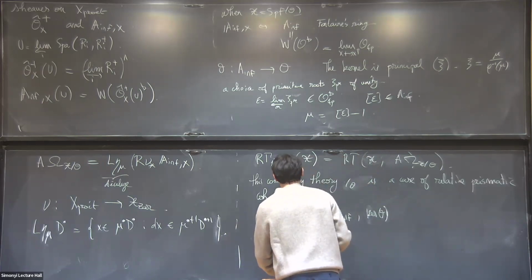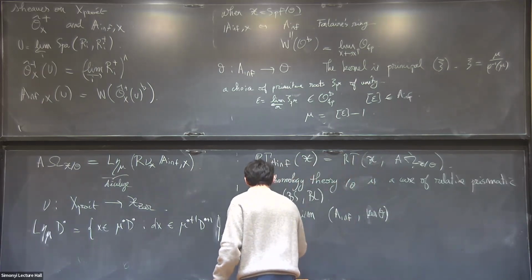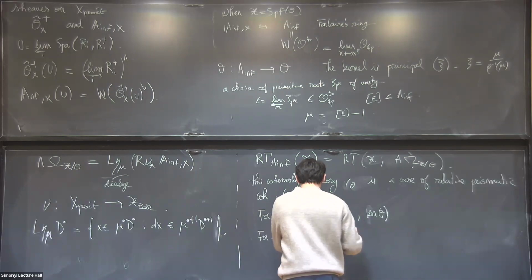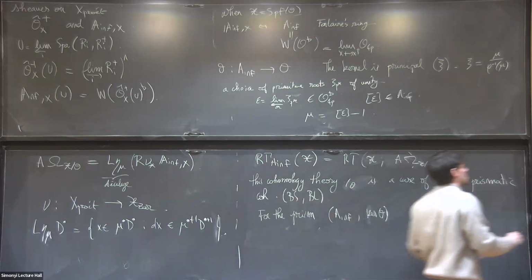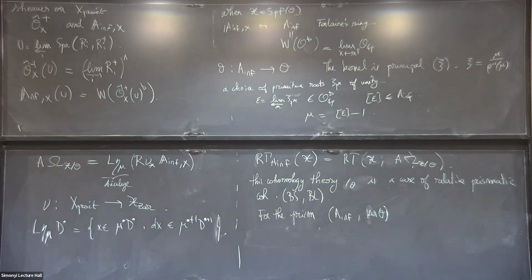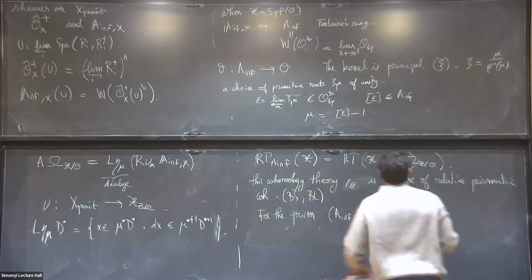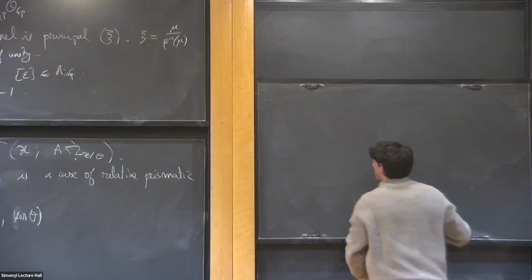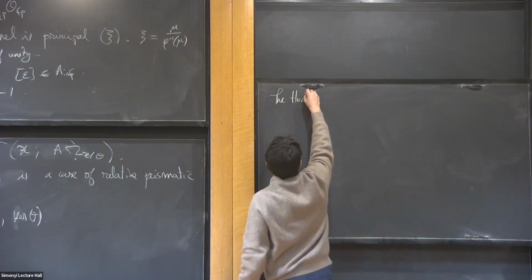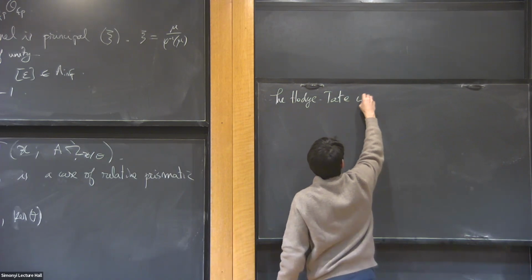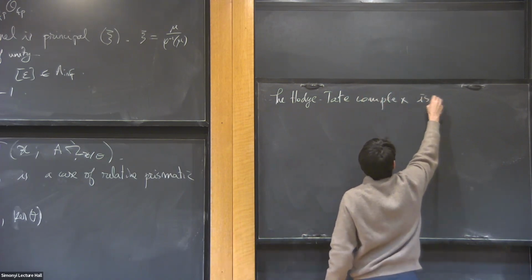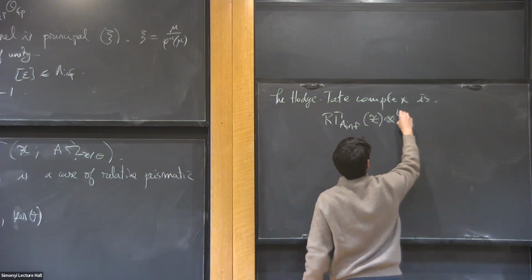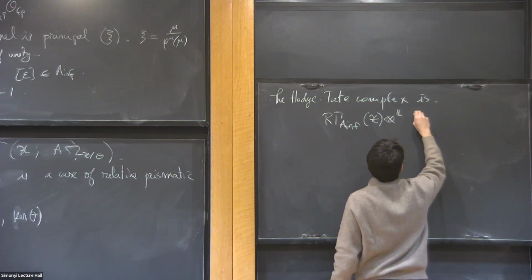Okay. So now what we'll be interested in is the Hodge-Tate complex, which is just what you get when you reduce modulo xi.